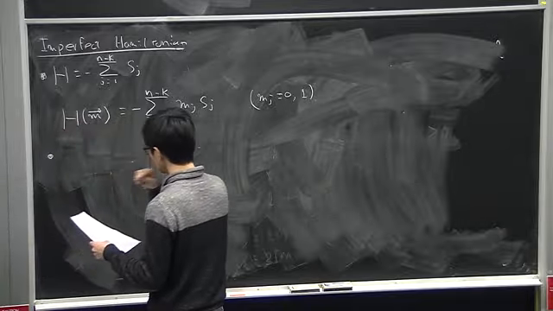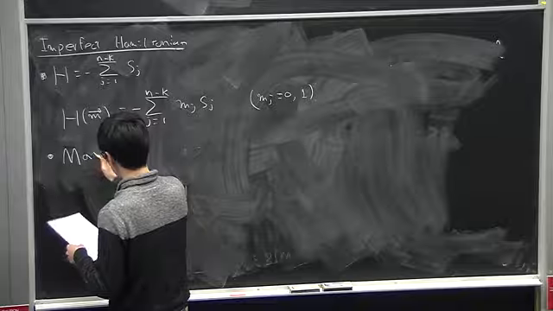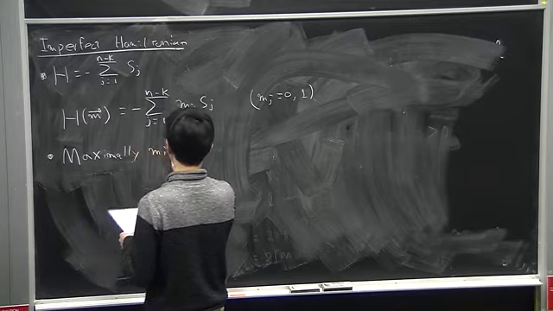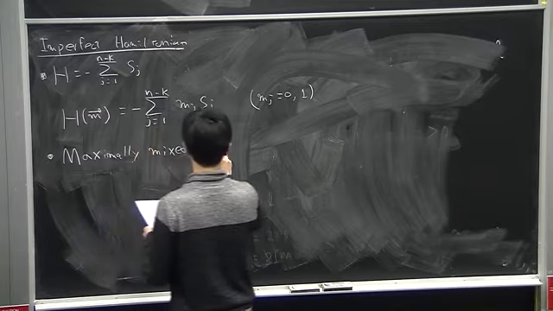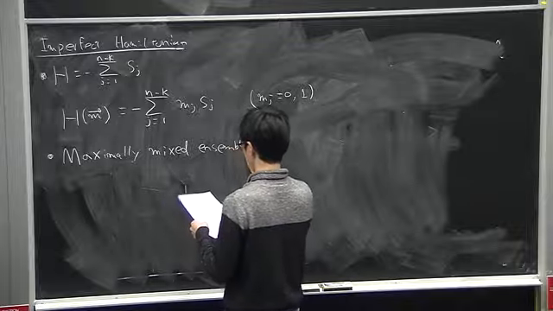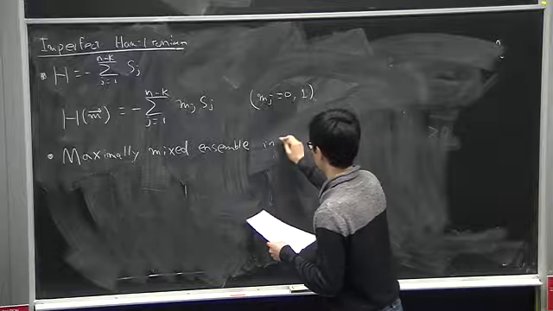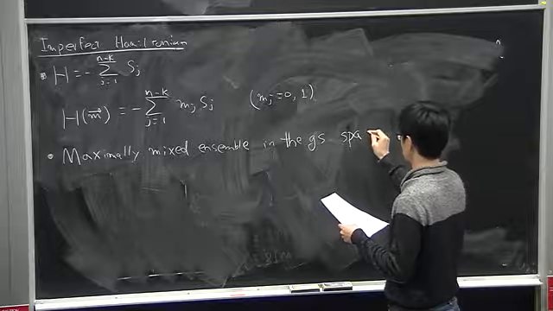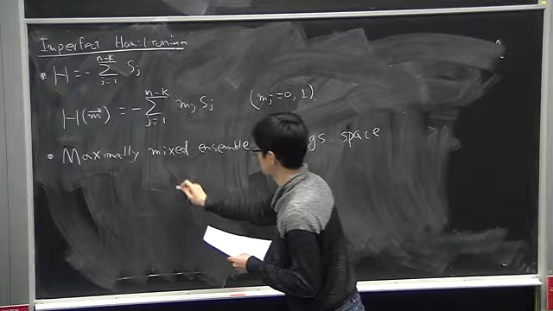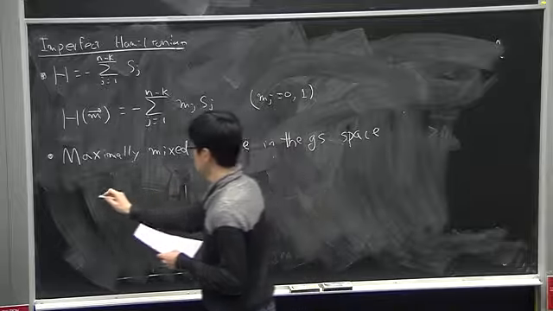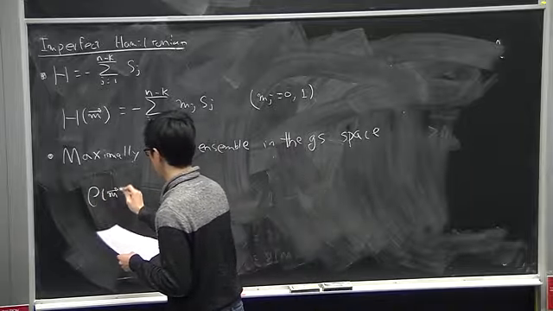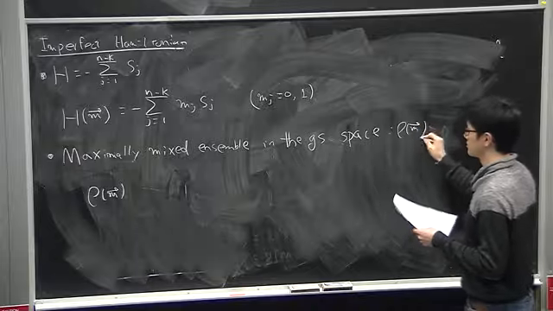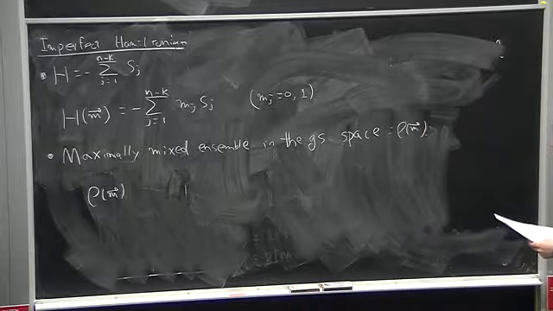Now, we would like to also define the ground state space as rho_m.